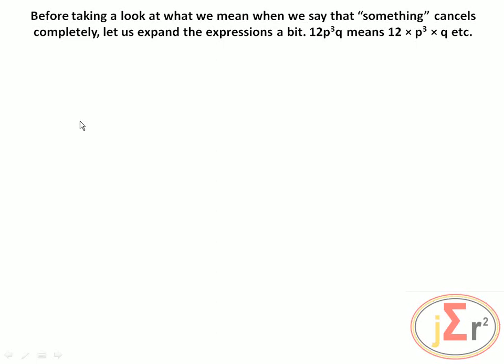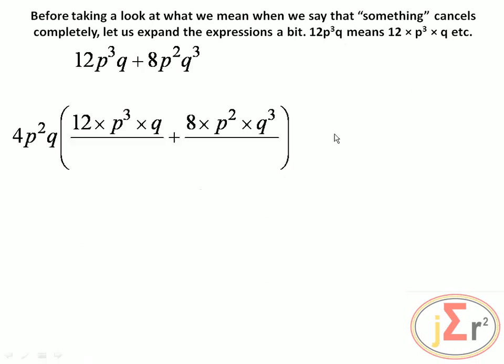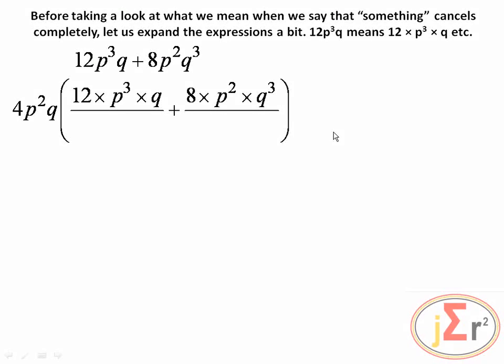Before taking a look at what we mean when we say that something cancels completely, let us expand the expressions a bit. So whereas we have 12p cubed q, we know that we mean 12 times p cubed times q, and so on. So spread it out a little bit, and we will no doubt do the same for the highest common factor.